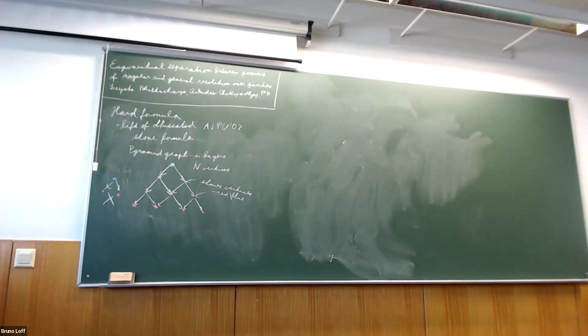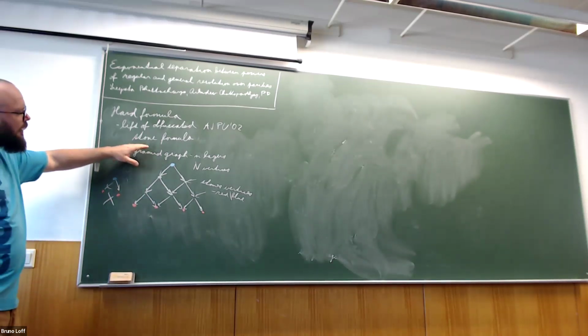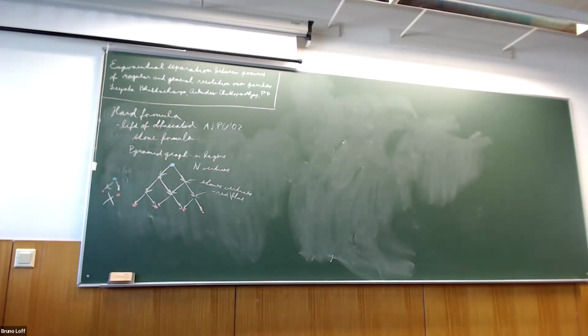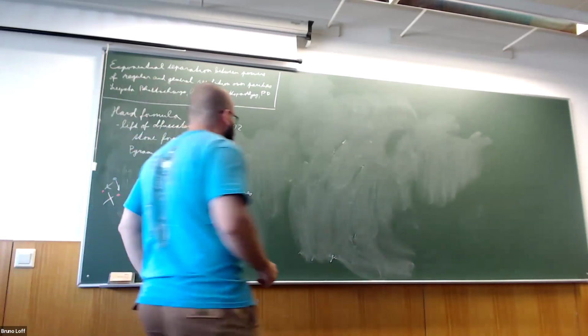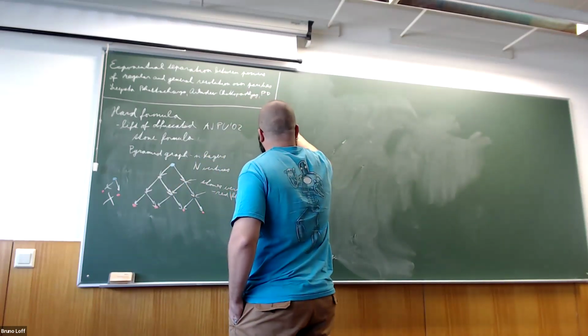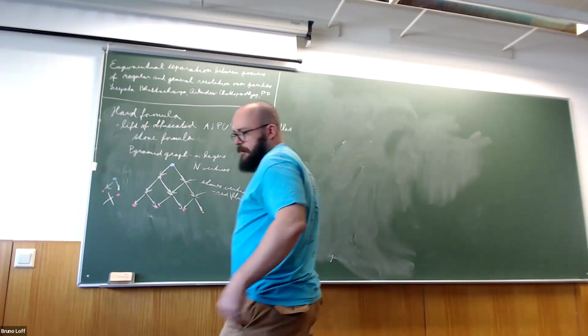So the formula describes this. This is the stone formula. I will talk about the obfuscation, but it is clear that this formula is unsatisfiable. Right? So let's look at it more formally. What are the variables of this formula?